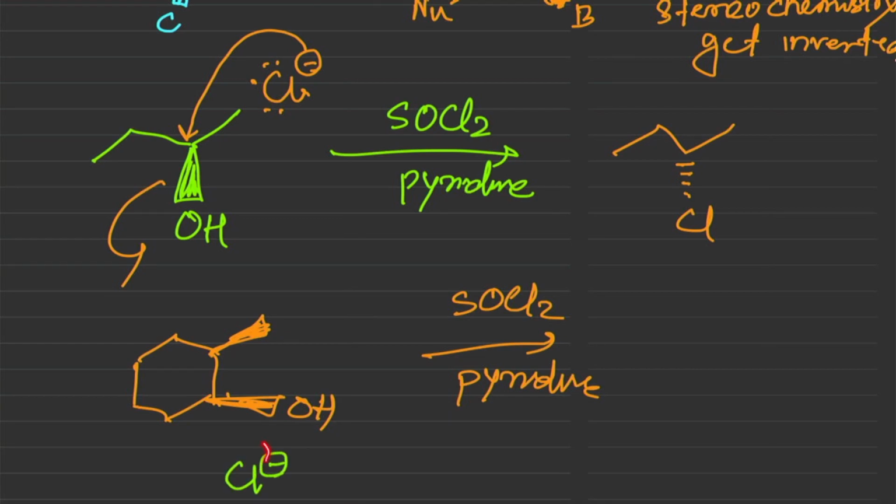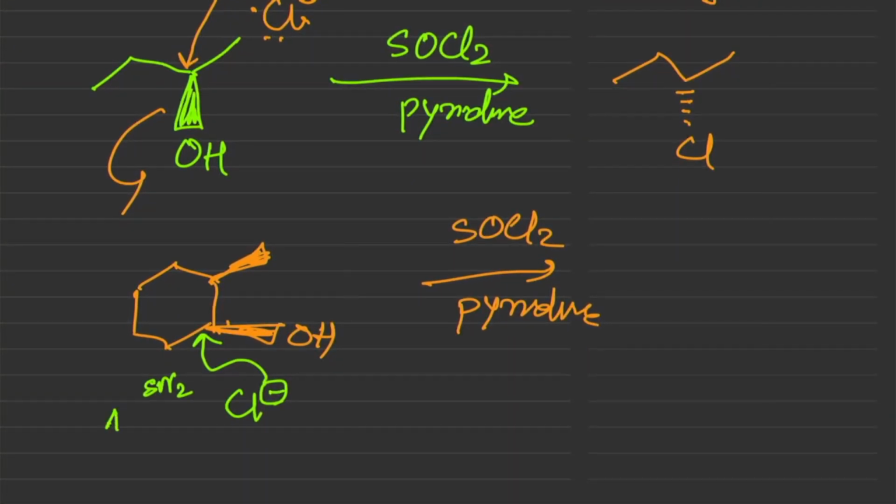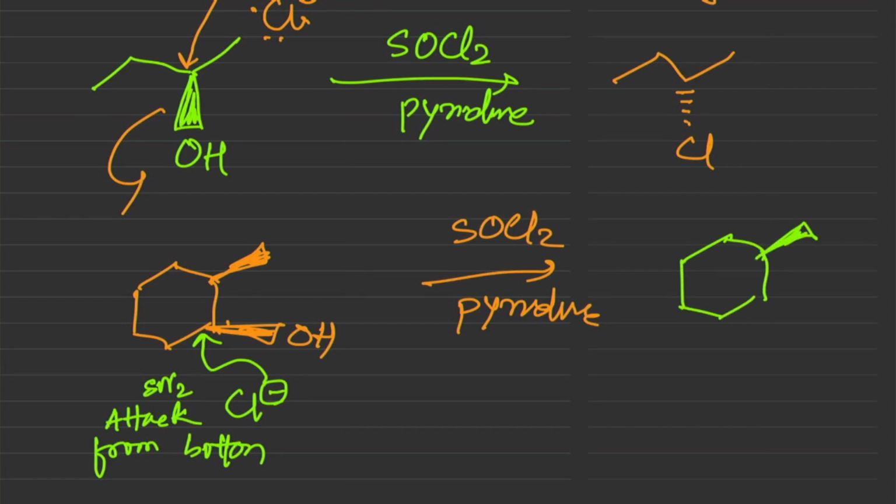Okay, so chlorine has to approach from which direction? So Cl minus has to do the SN2 attack from bottom or top? Obviously from the bottom. So the product that you'll be making is going to be, nothing changes on this carbon atom, okay? But your chlorine is going to be from here.